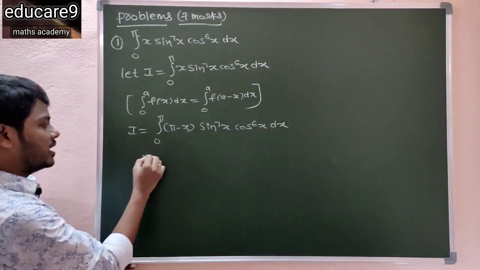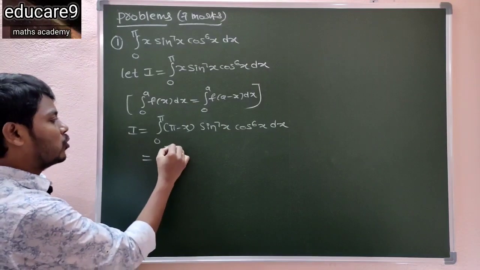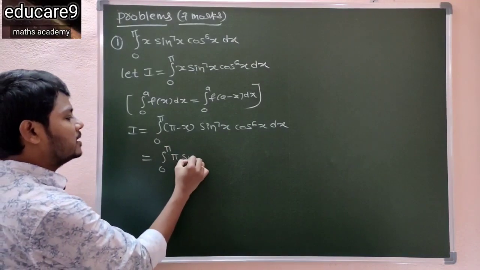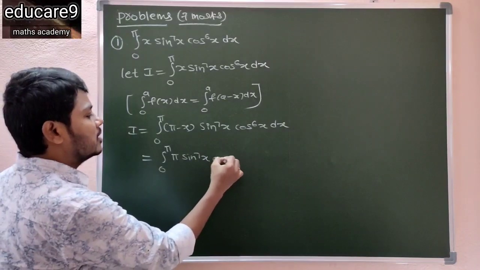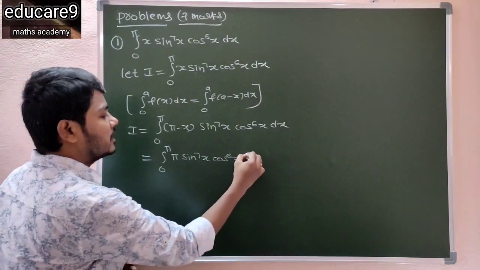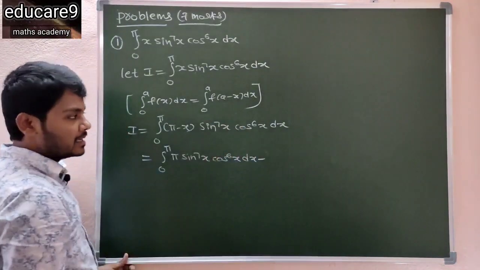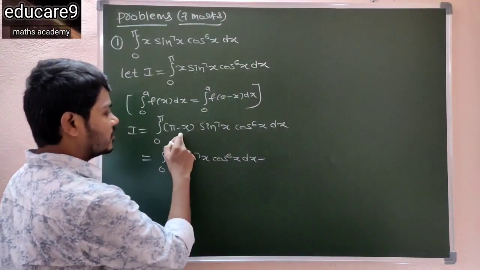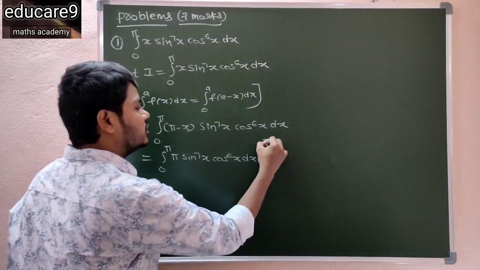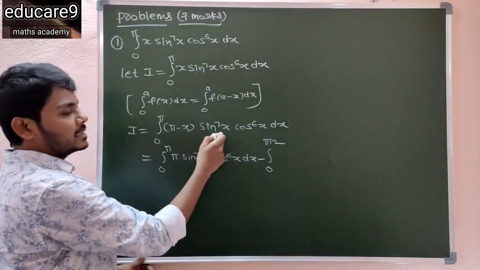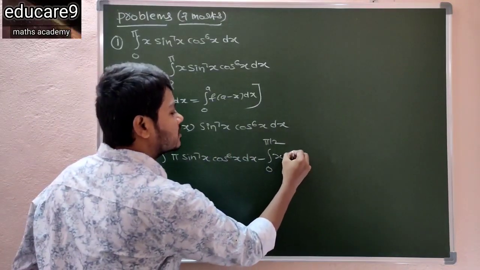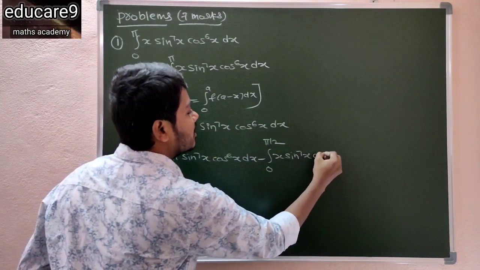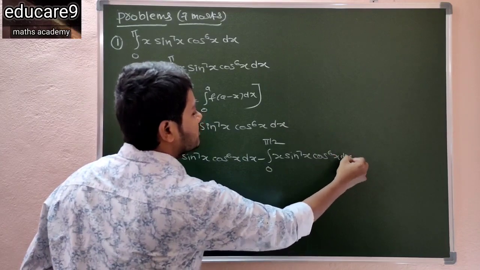Multiplying inside, you get the integral from 0 to pi of pi sin^7 x cos^6 x dx minus the integral from 0 to pi of x sin^7 x cos^6 x dx.